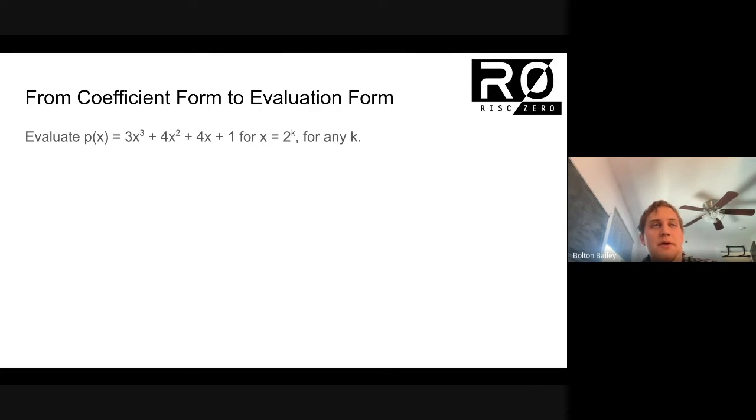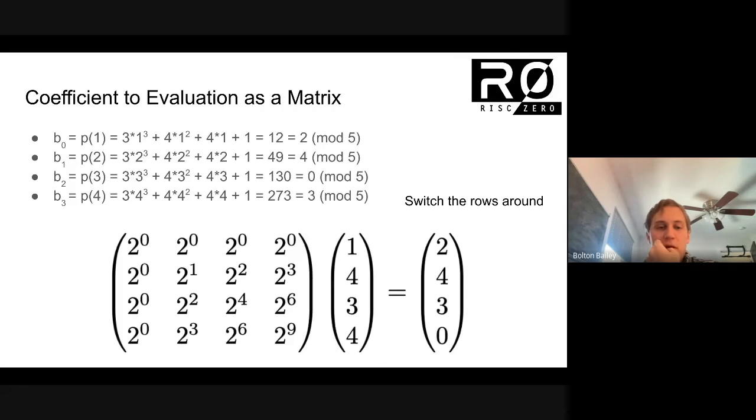But taking inspiration from this, treating the matrix, essentially what we've done here is, instead of viewing these numbers as 1, 2, 3, 4, we're viewing them as powers of 2. So 1 is 2 to the 0, 2 is 2 to the 1, 4 is 2 to the 2, and 3 is 2 to the 3.